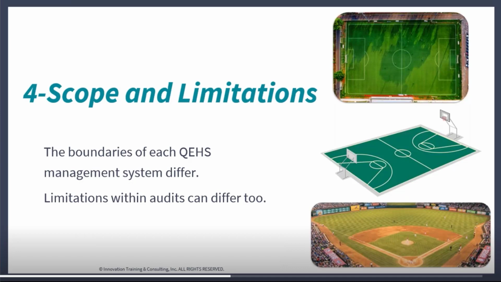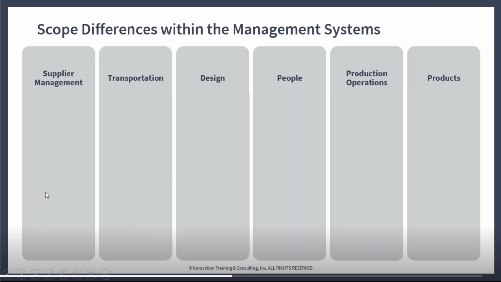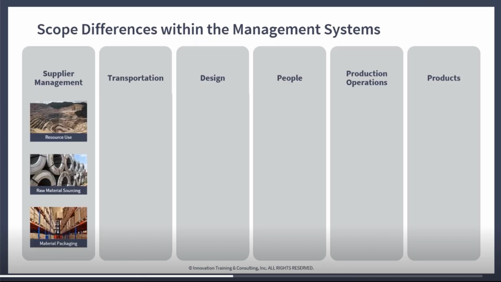So this slide shows a full scope of where management systems could be. With supplier management, we're using resources and bringing raw materials in, and of course all the packaging that goes with that. Transportation: we have trucks here, but it could be barges and rail and other types of transportation, planes, right?